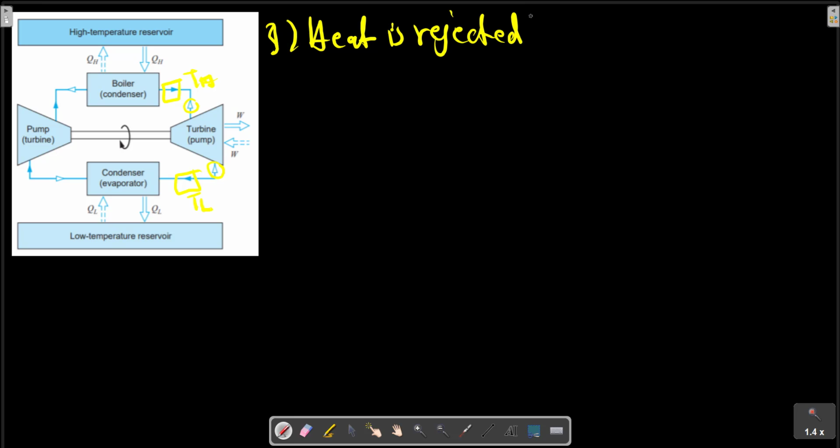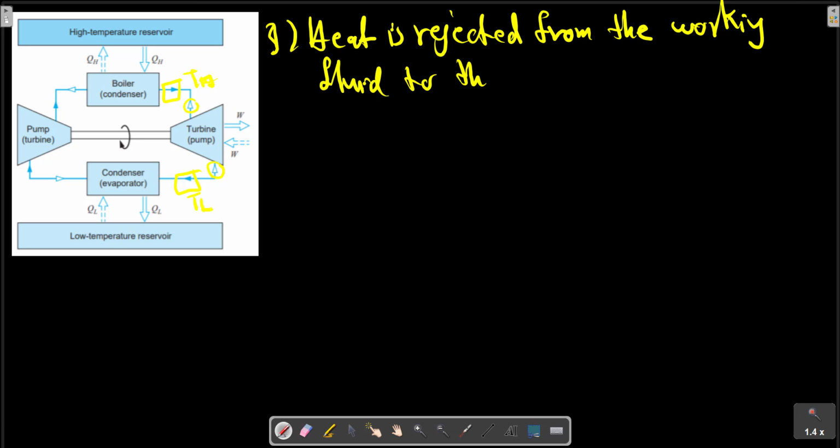From the working fluid to the low temperature reservoir.